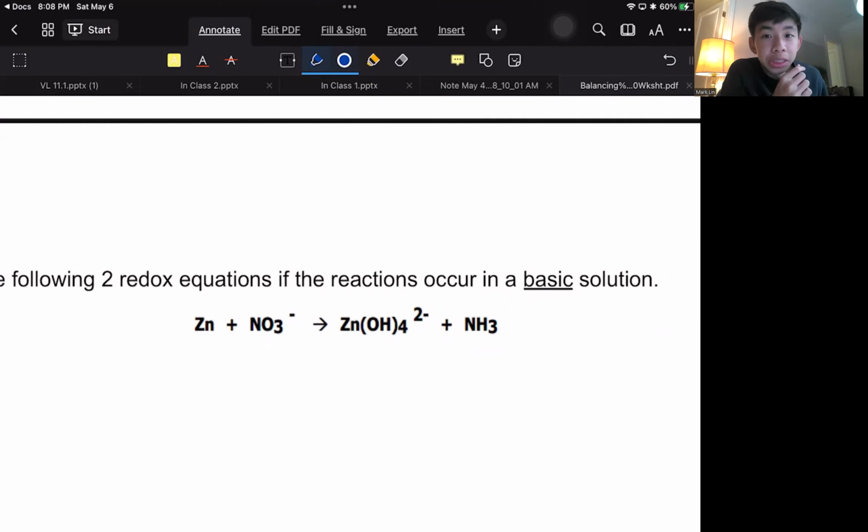When we balance the hydrogens, we're going to be adding hydroxides, because we need to balance out the acidity. I can't really tell you off the top of my head why, but just know that for basic solutions, you need to be adding hydroxides. So I'll show you right now. Let's get on with it.